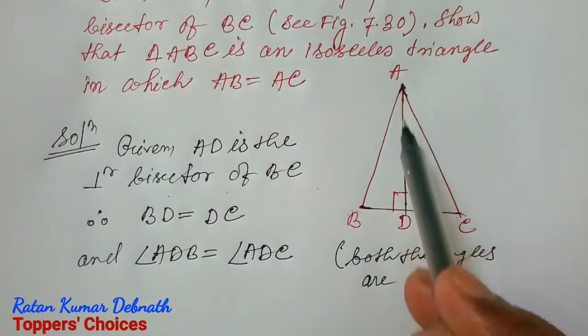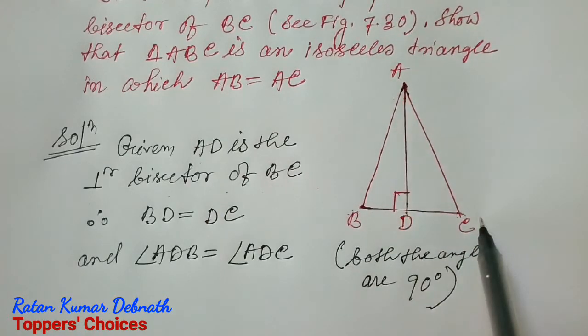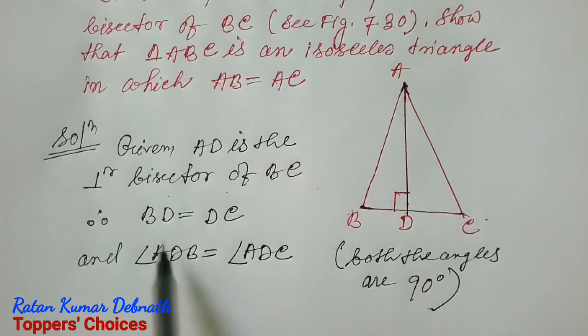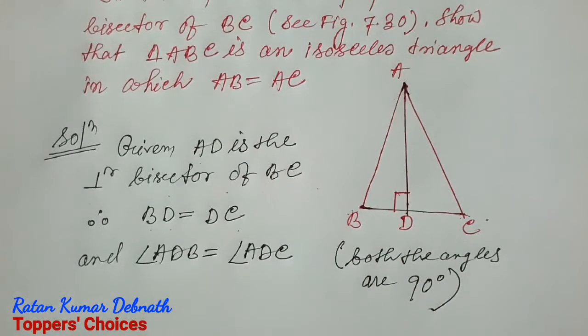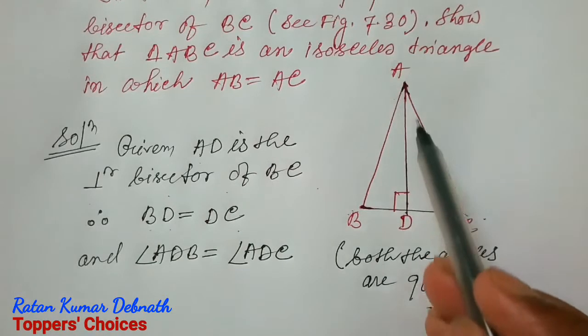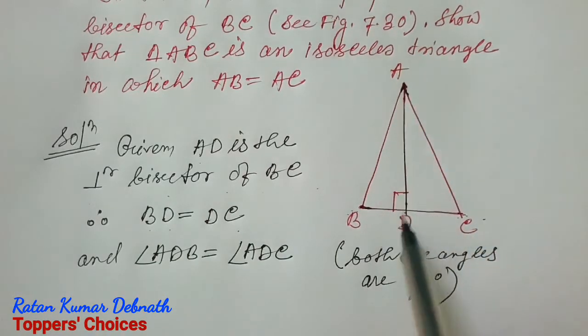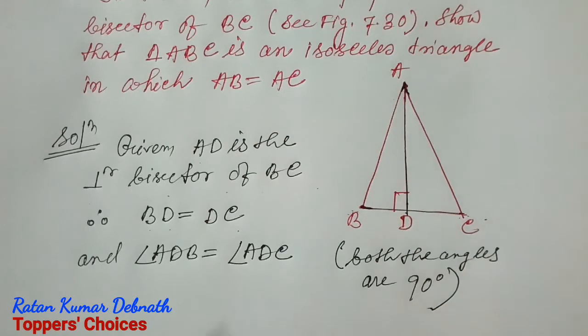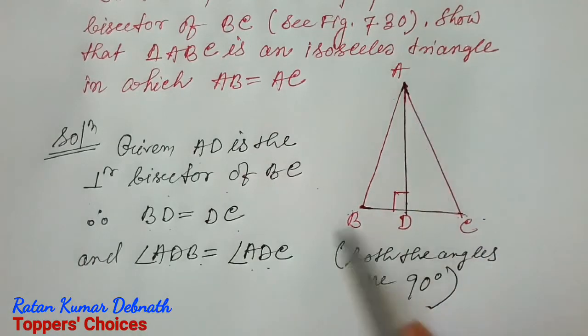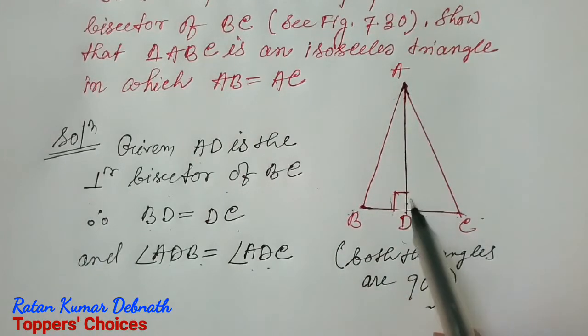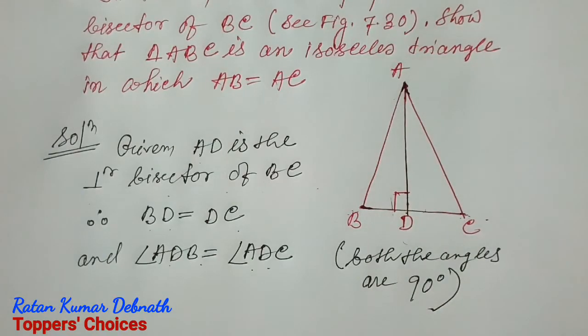As this line bisects the side BC, we can say BD equal to DC, and as it is perpendicular on BC, we can write angle ADB equal to angle ADC.